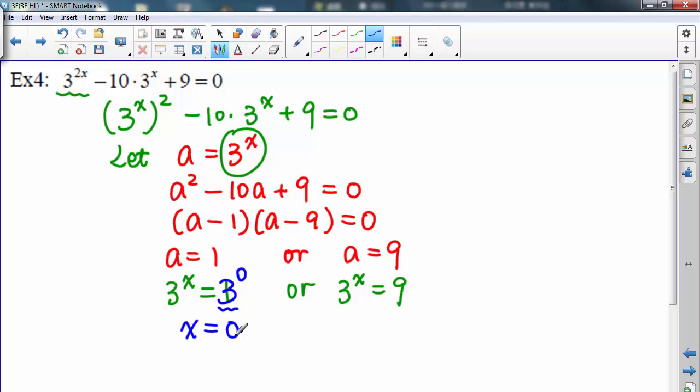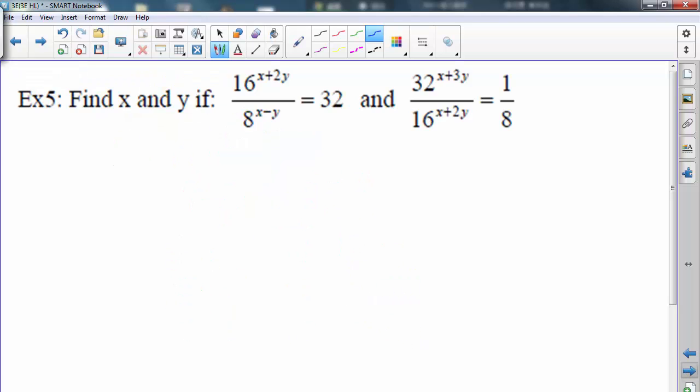The exponents must be equal. The same idea for 3 to the power of x equals 9. I will convert 9 to a power of 3, which is 3 squared. Then I can ignore the base. The exponents should be equal. Therefore, I can get x equals 2. So this is for example 4.